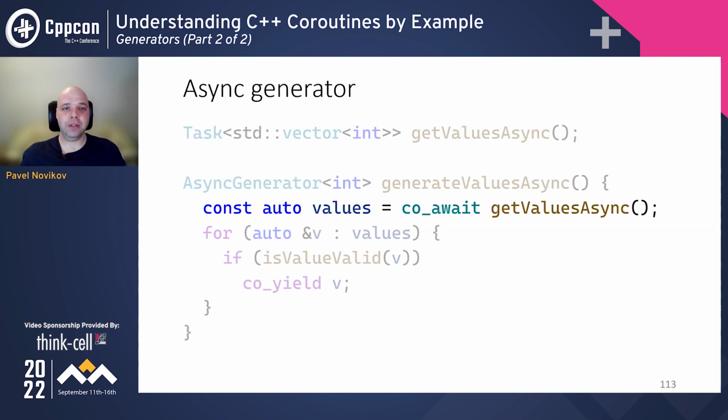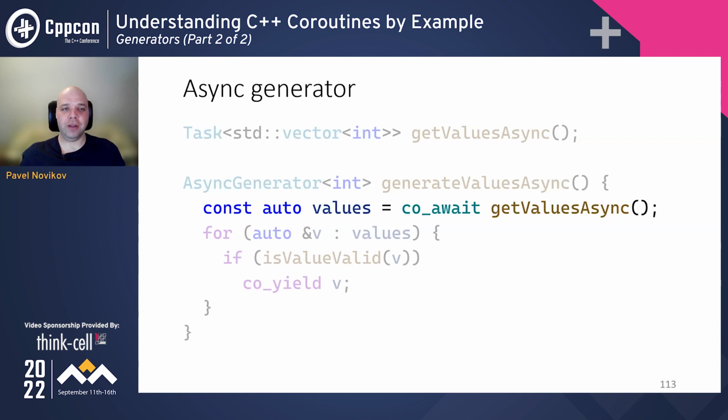So here inside our asynchronous generator, we can not only suspend our coroutine when we yield the value, but we can suspend our coroutine when we co_await the result of some other asynchronous result. So in this case, we call get values async. We co_await on the resulting task.